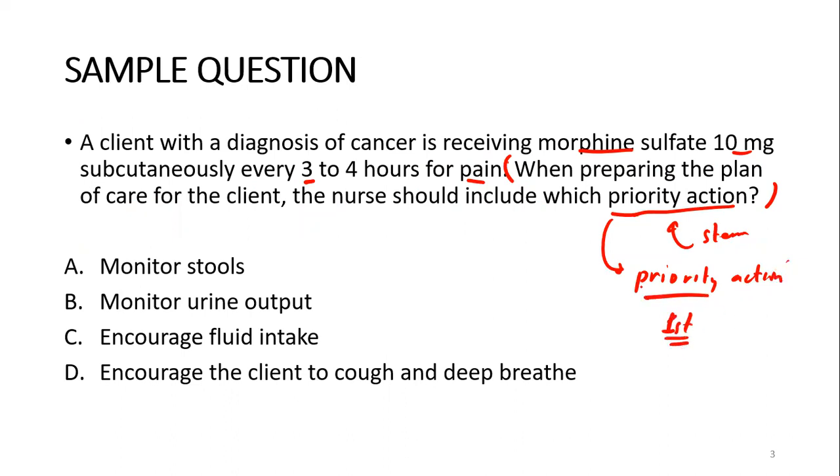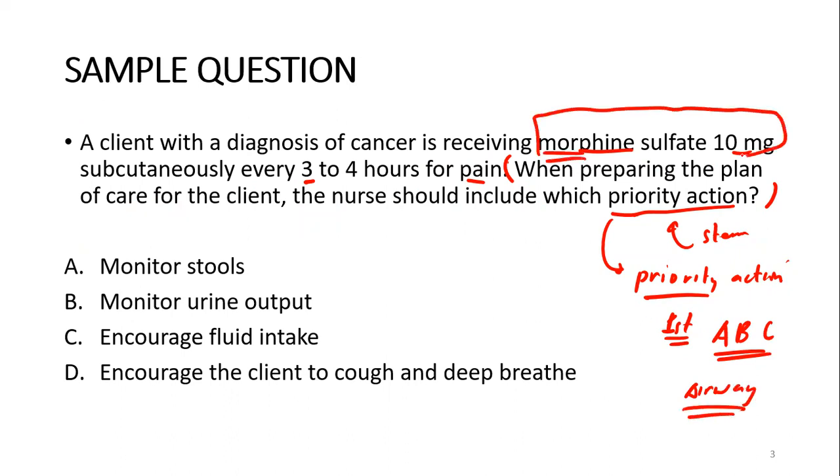In talking about the ABC, always remember that airway is your priority. Aside from that, when you're talking about morphine, if you integrate your knowledge of morphine, you know that the drug morphine is considered a respiratory depressant, as it can depress your respiratory function.